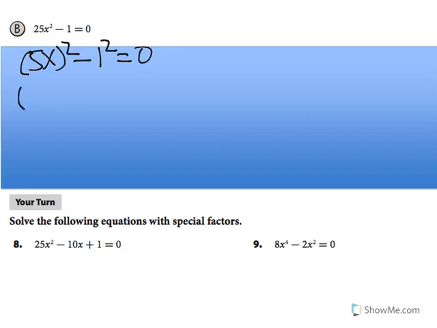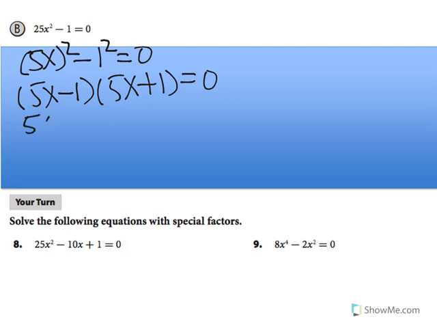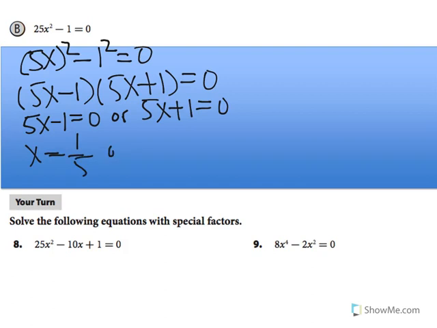So this gives us (5x minus 1) times (5x plus 1) equals 0. So we can say either 5x minus 1 equals 0 or 5x plus 1 equals 0. Solving for x, x equals 1/5 or x equals -1/5.